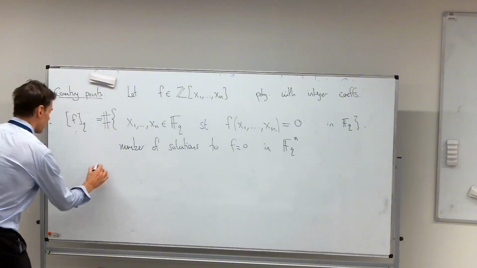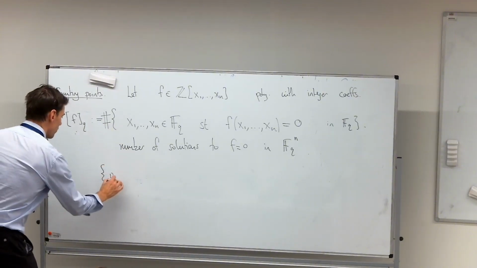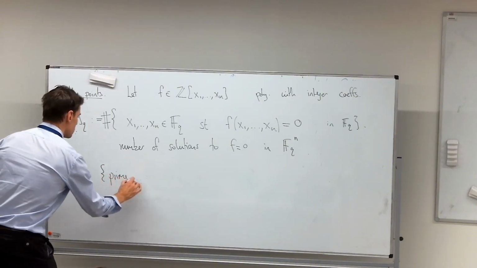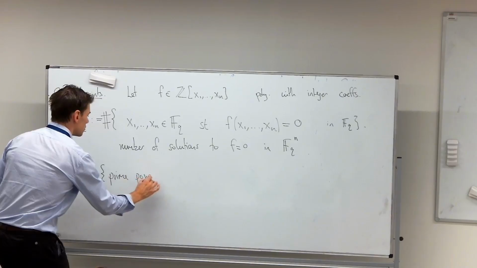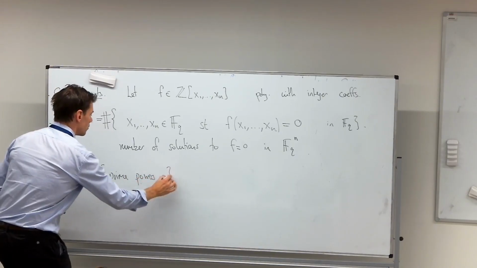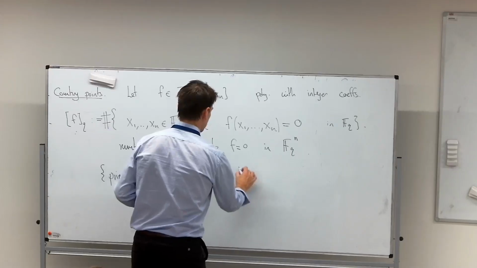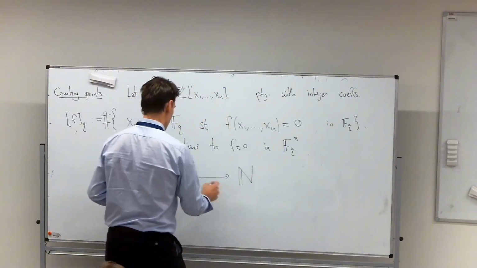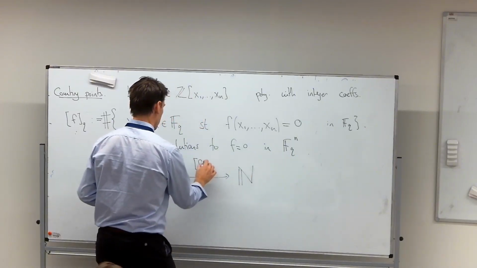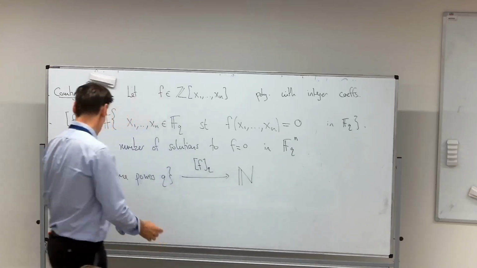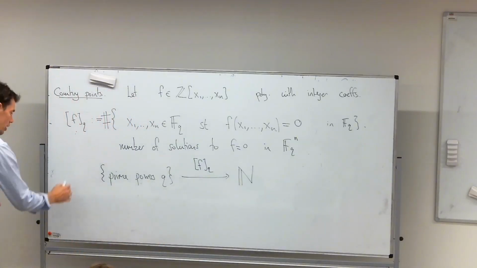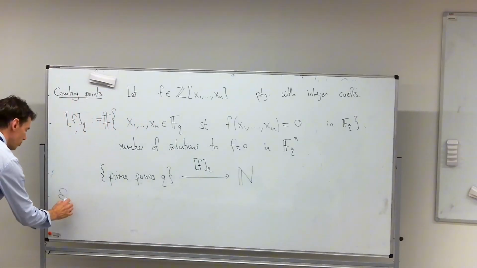And this gives us a map on prime powers q. For every power of a prime number, we get an integer. This is a great idea, and it's very important in number theory.